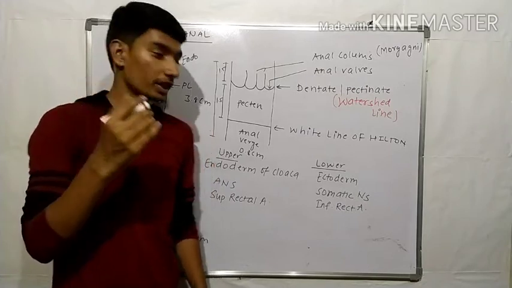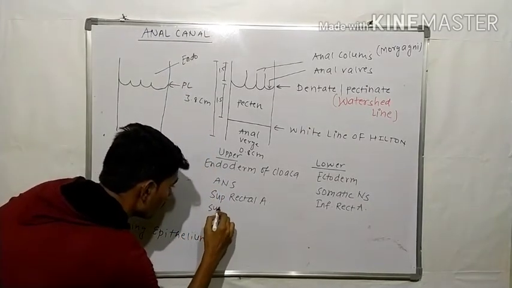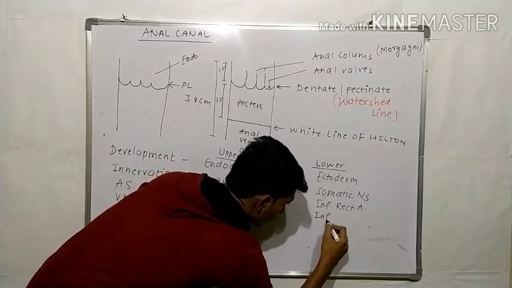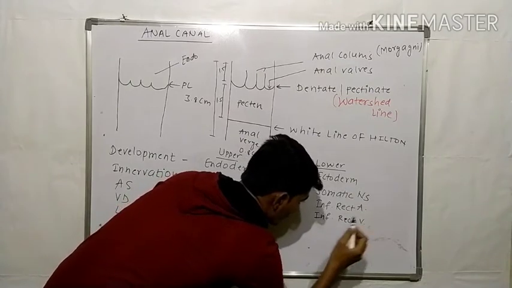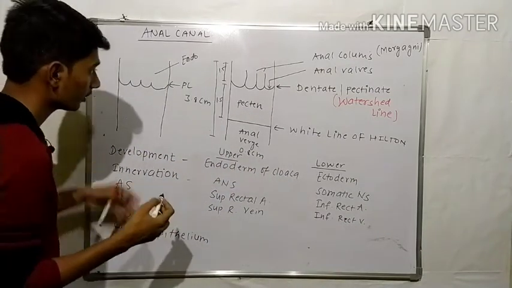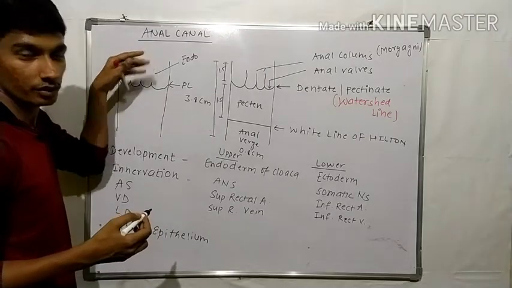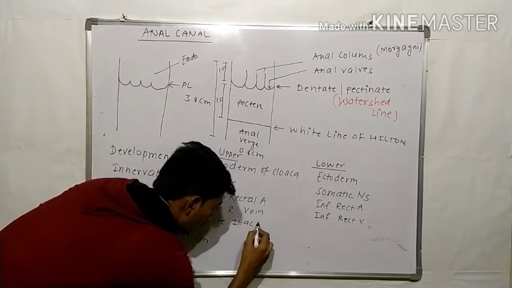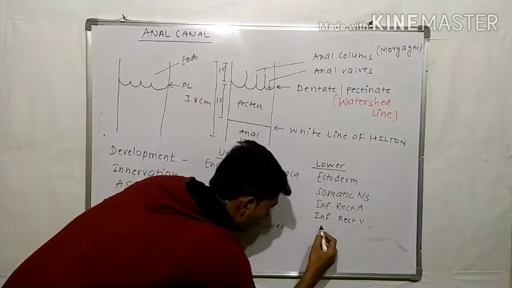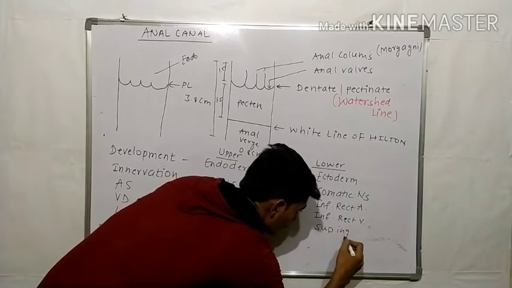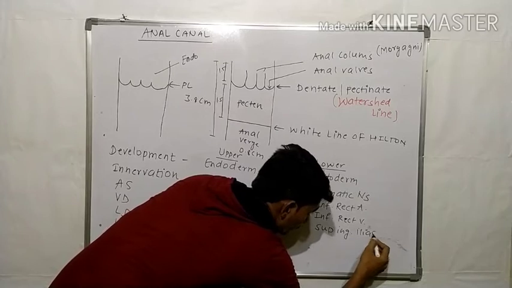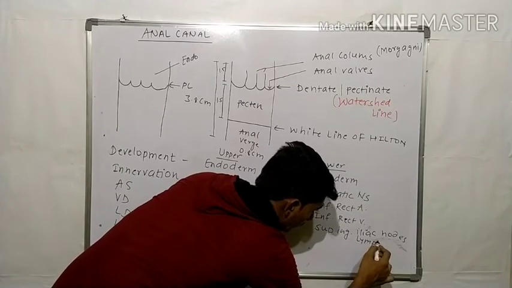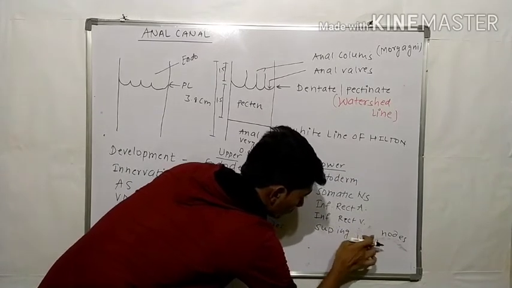Venous drainage above the pectinate line, superior rectal vein, and below, inferior rectal veins. Lymphatic drainage above the pectinate line, lymph drains into internal iliac nodes, and below that lymph is drained into superficial inguinal lymph node.